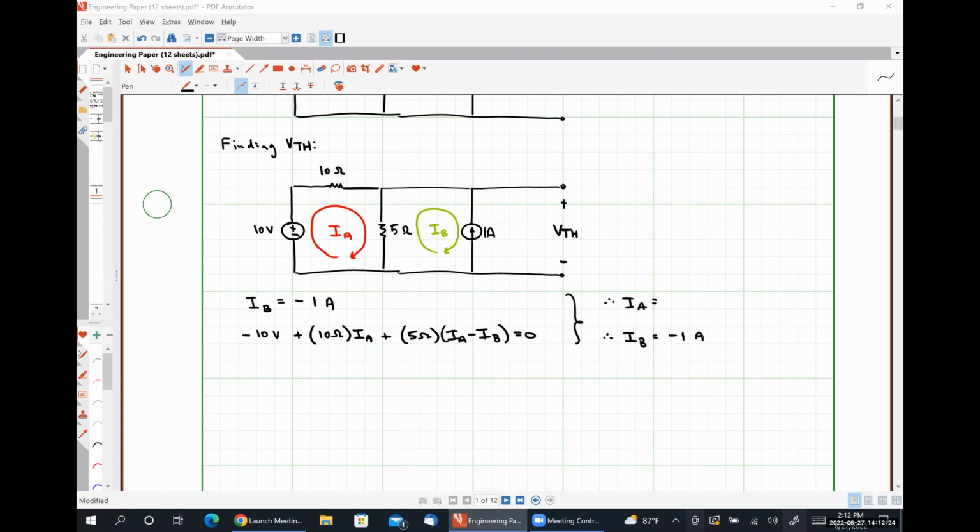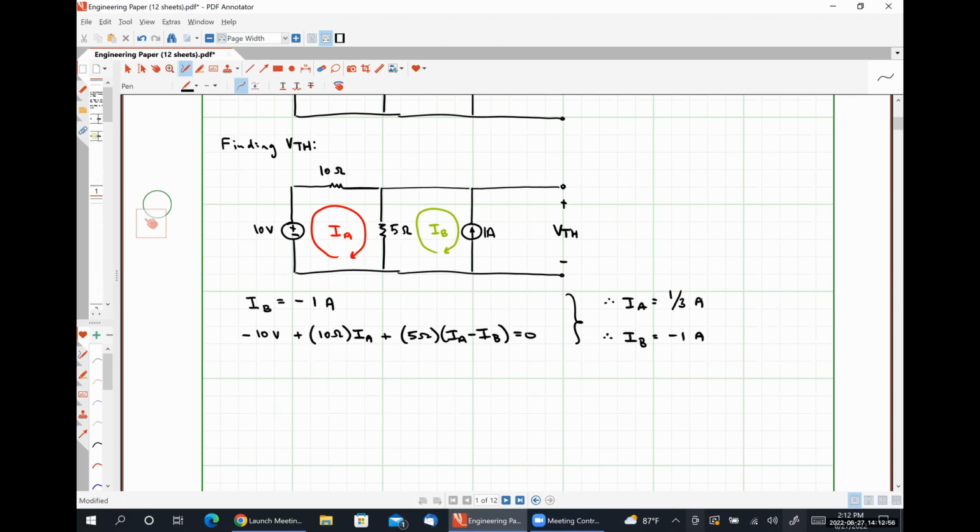My coefficient for IB is 1, and my constant term is -1. In my second equation, my coefficient for IA is 10 plus 5, which is 15. My coefficient for IB is -5, and my constant term will be +10 when I move it over to the right-hand side of the equal sign. And now when I solve these, I get IA is +1/3 of an amp, and IB is -1 amps.